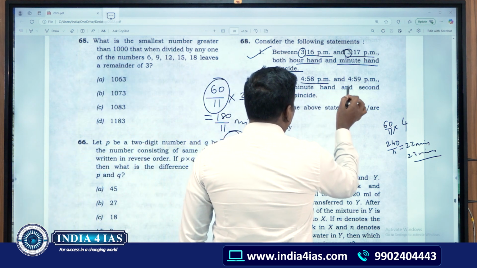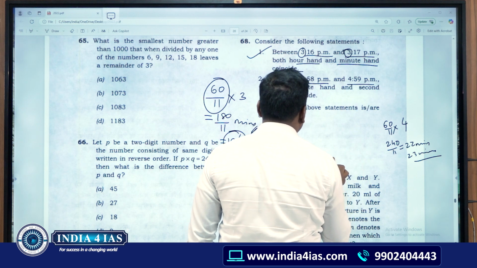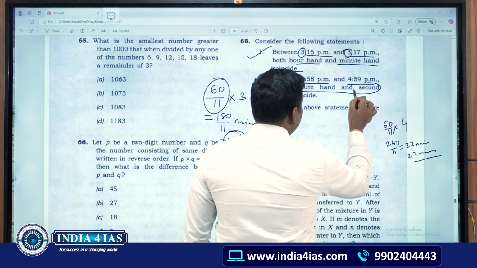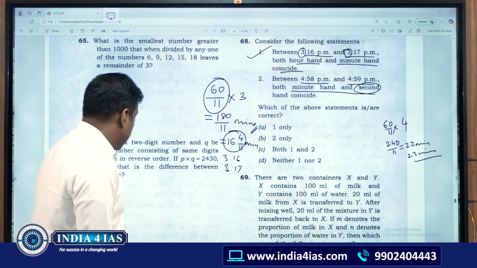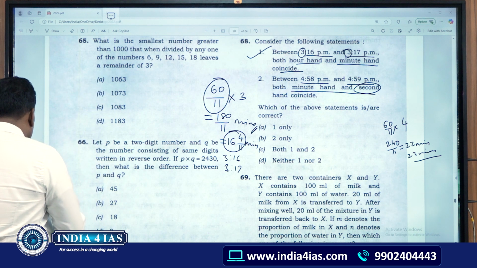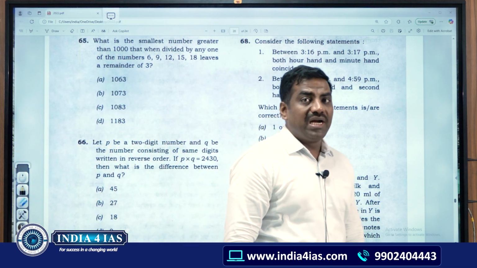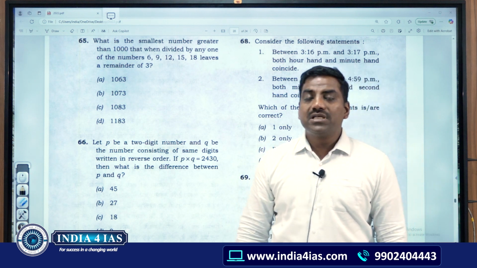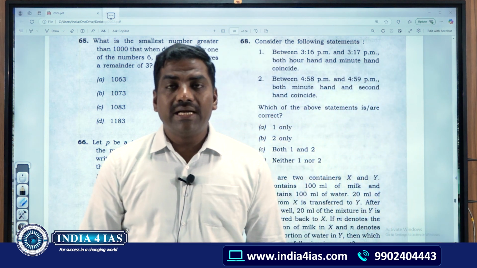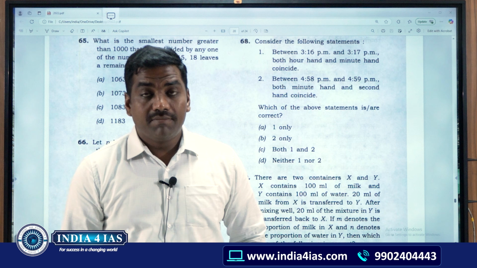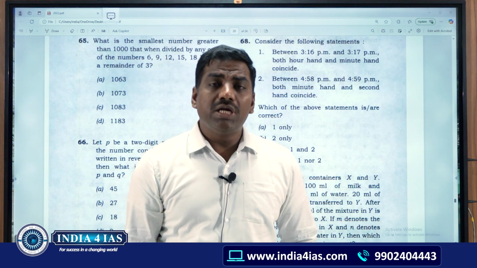Now, between 4:58 and 4:59, both minute hand and second hand. See, generally in the clocks chapter, we see the relation between the minute hand and the hour hand. But generally we don't see the minute hand and the second hand, because the second hand will be continuously moving.